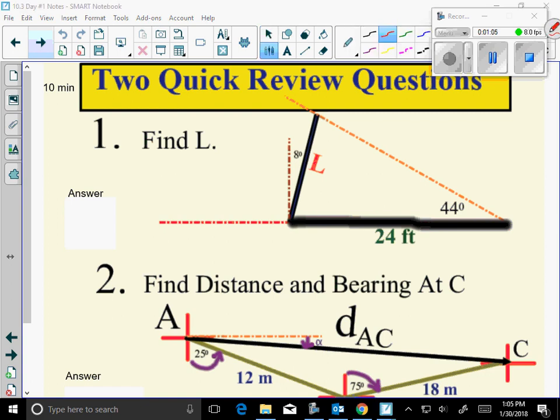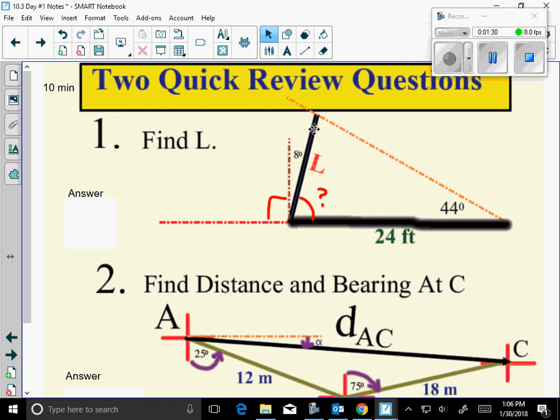But let's assume for a moment that that's 90. What would this angle measure be? What would that angle be? Nope. 46. We got a problem there. That's not 90.